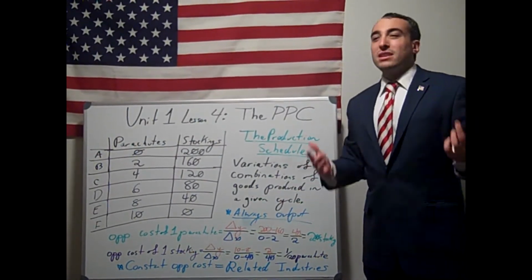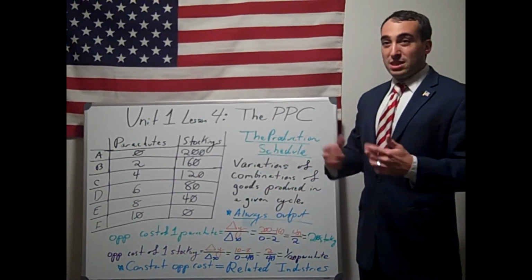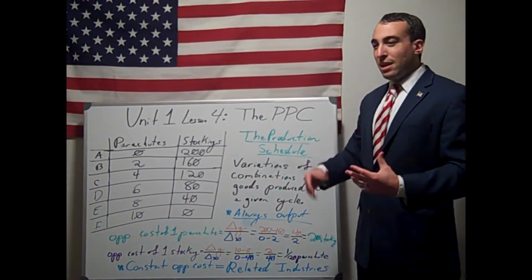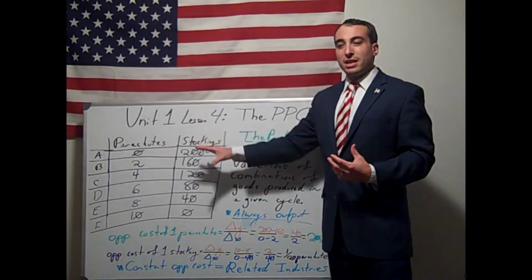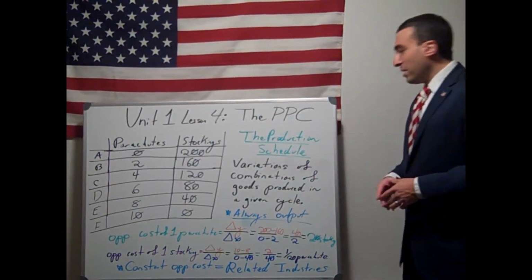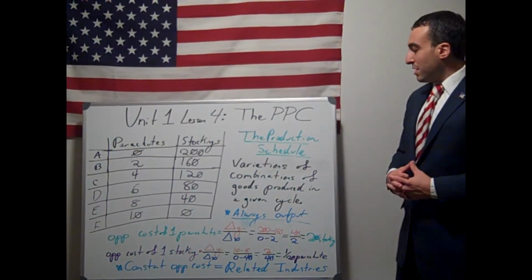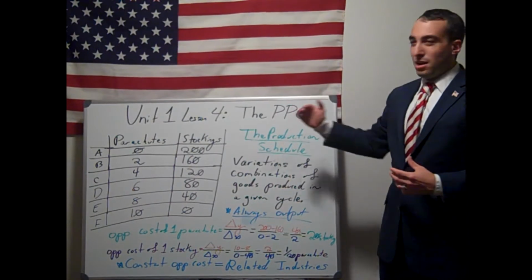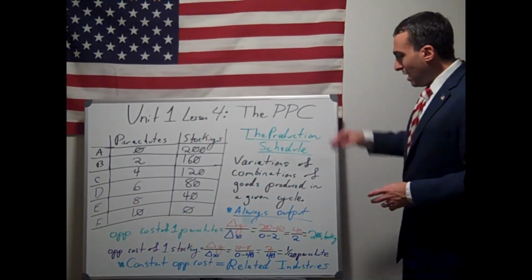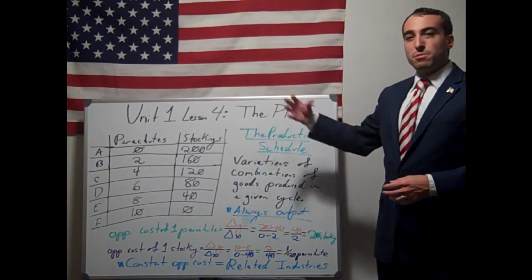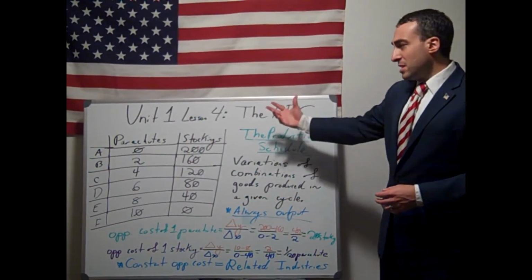In reality, nations with fully employed resources can do a variety of different combinations of goods and services. So the production schedule illustrates the various combinations of goods produced at full employment of resources. And these are always output because they are dealing with the variable of production within a given time cycle.